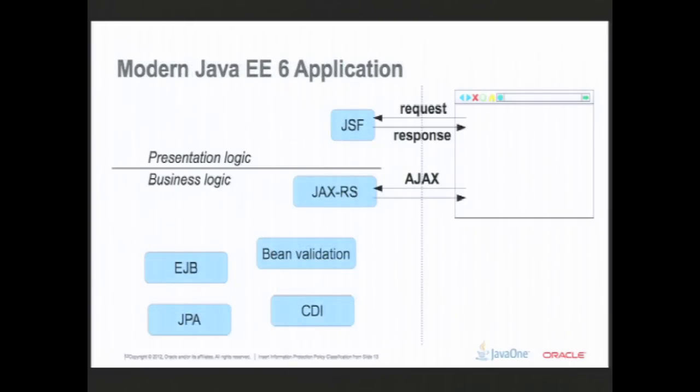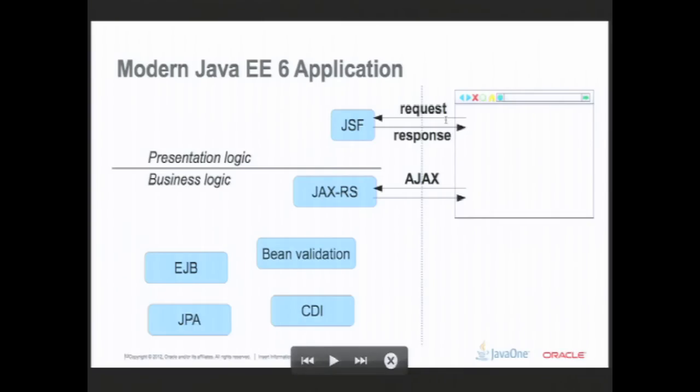Then when you look at a few years later, a modern Java EE 6 application is now mostly standard based, because the standard has become very good. And you have all the business logic here, and JSF as the main presentation logic technology at the top.